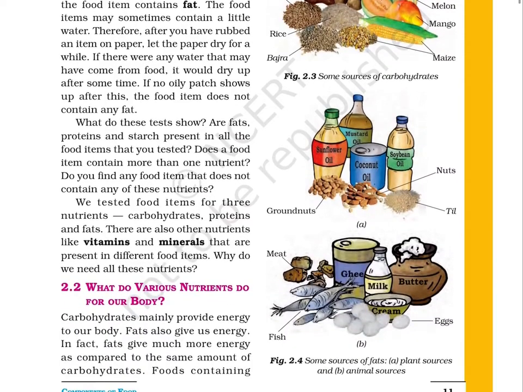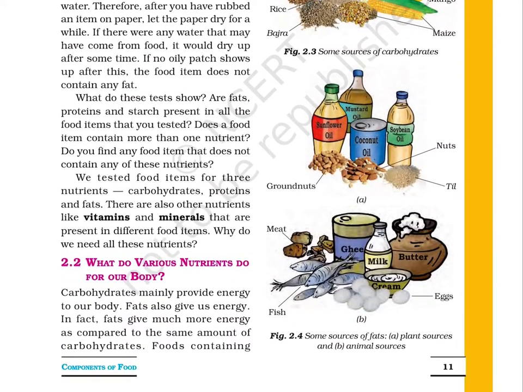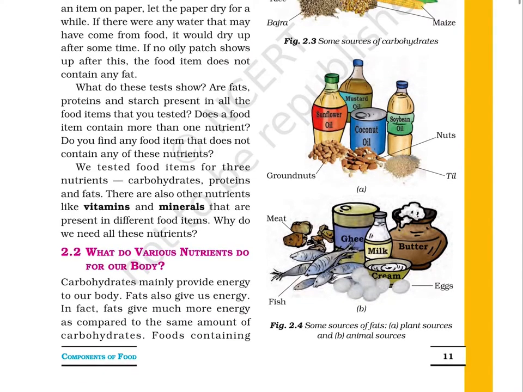Figure A. Plant sources, which shows groundnuts, nuts, til, sunflower oil, mustard oil, coconut oil, and soya bean oil. Figure B shows animal sources like fish, meat, ghee, milk, cream, butter, eggs.